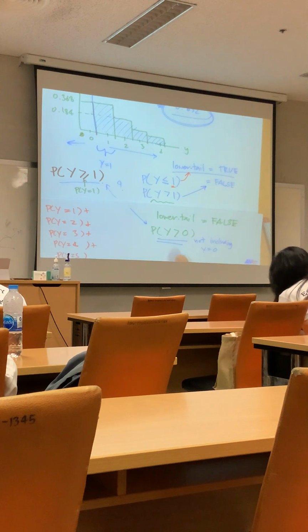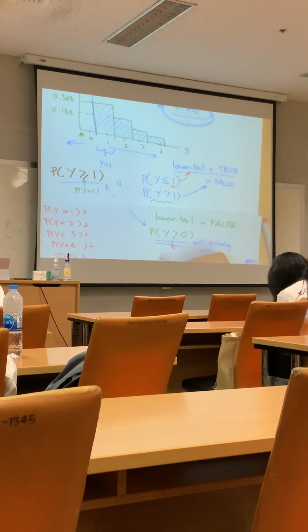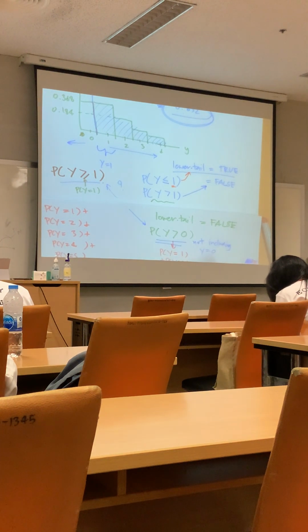Now, what about that? That is the probability of y greater than 0. So here, it includes the probability of y equal to 1, right? Because it's greater than 0, it means it's not equal to 0. What about y equal to 2? What about y equal to 3?